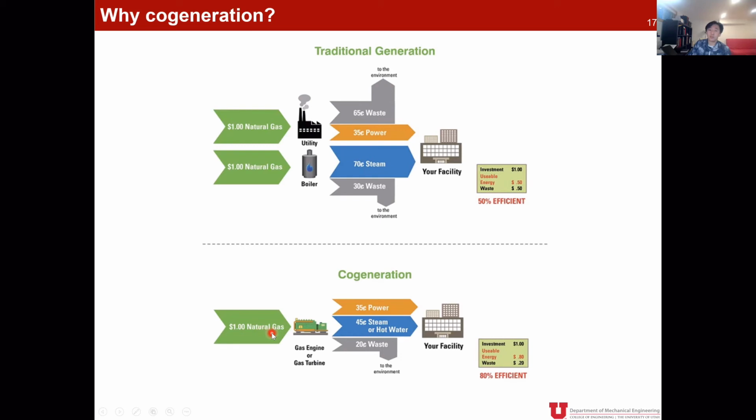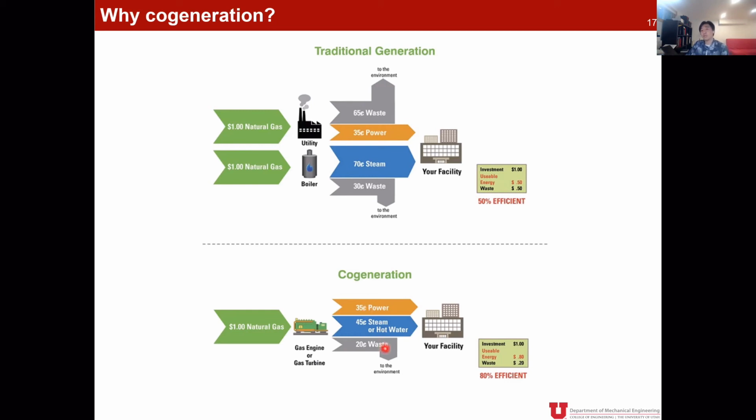Out of $1 natural gas, still the power generation part takes around 35% thermal efficiency. So 35 cents can be used to generate a power. Now, remaining 65 cents, instead of wasting that energy to the outside, we use that waste heat to generate a steam. And this steam generation efficiency is again around 70%.